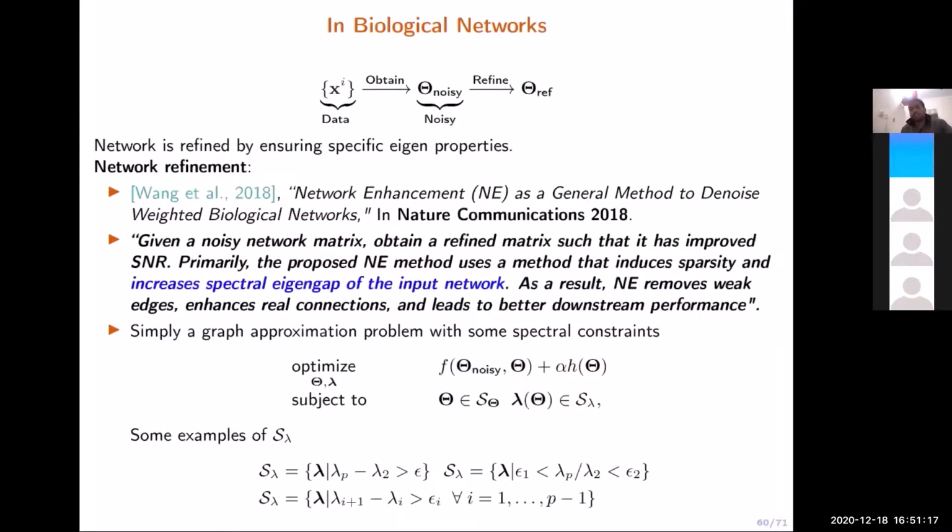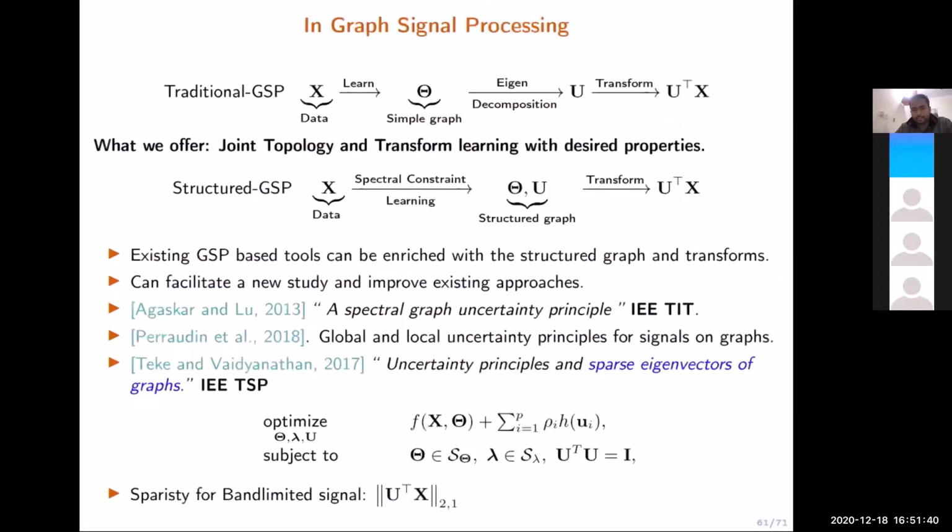So the whole thing is simply saying: solve an optimization problem such that you do a spectrally enriched approximation, and the obtained graph matrix has a large eigengap. This is also ongoing research. This is from 2018, and there is a lot of research coming up, and many things to be done.